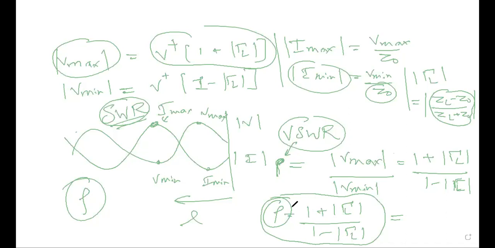Now, can anyone tell me what will be the maximum and minimum value this VSWR will take? See, this is mod, right? This is 1 plus mod of gamma L upon 1 minus mod of gamma L. Students?